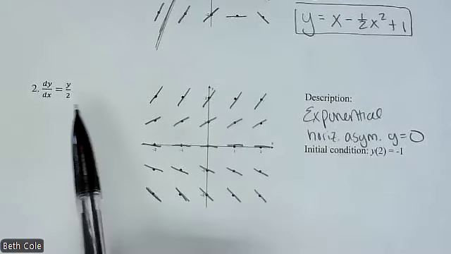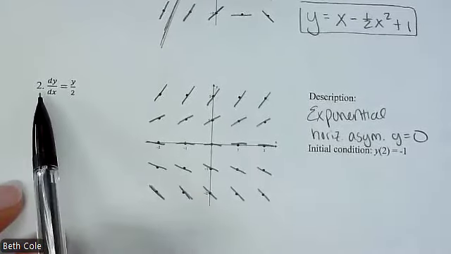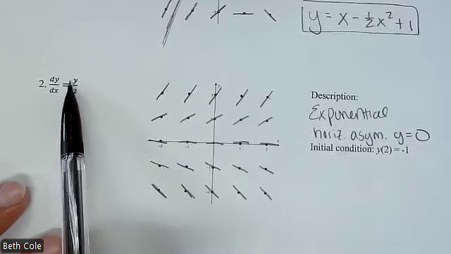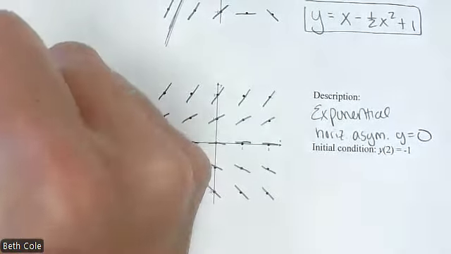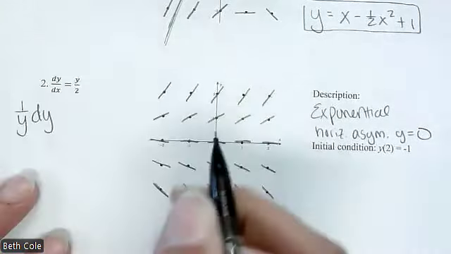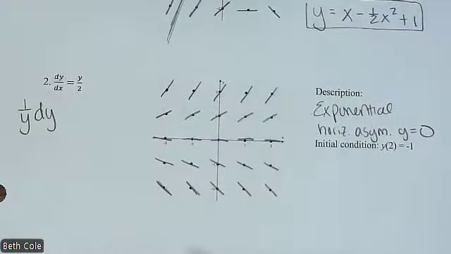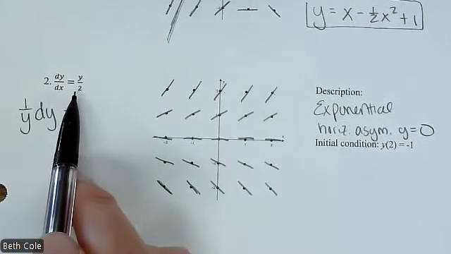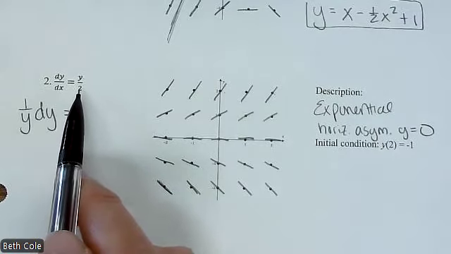So now let's go back and solve it. How would you move over the y? Would you multiply or divide? You'd have to divide. So it's going to be 1 over y dy. You have to divide that y to the other side. Equals, now this 2 is still here, but where is it? Then on the denominators.